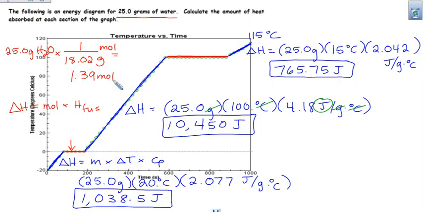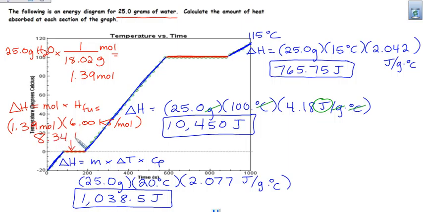All right, so let's plug and chug again. We got our moles, 1.39. And then the heat of fusion, I just looked up. It was 6 kilojoules per mole. So again, the equation kind of makes sense. It takes 6 kilojoules to melt 1 mole. I've got a little more than a mole, so we'll multiply. And I'd be looking at about 8.34.